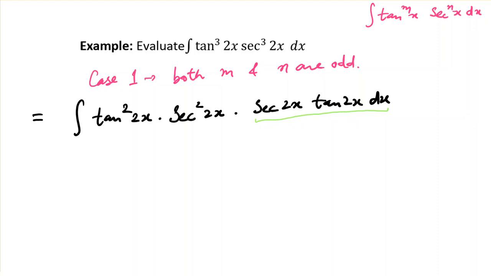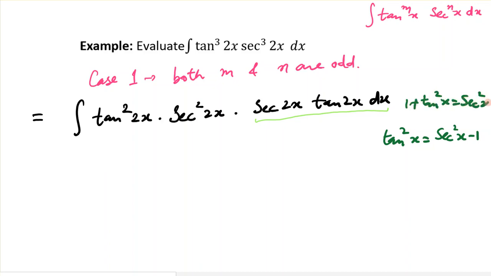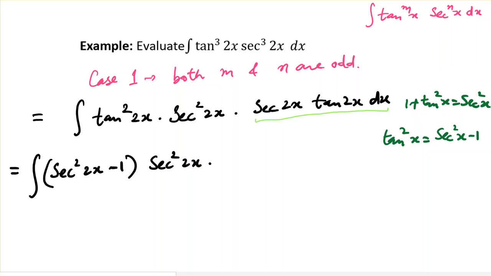Then we're going to change the even powers of tangent into secant using the relationship that tangent square x is equal to secant square x minus 1. Remember we had that 1 plus tangent square x is equal to secant square x. So using this we got secant square 2x minus 1 in place of tangent square. And then we have secant square 2x, and then secant 2x tangent 2x dx.